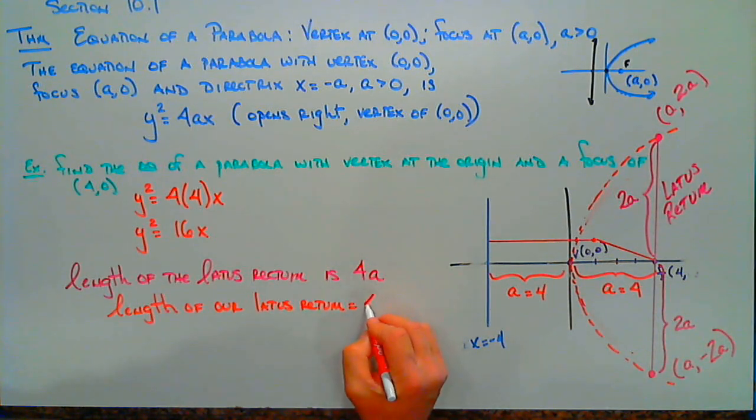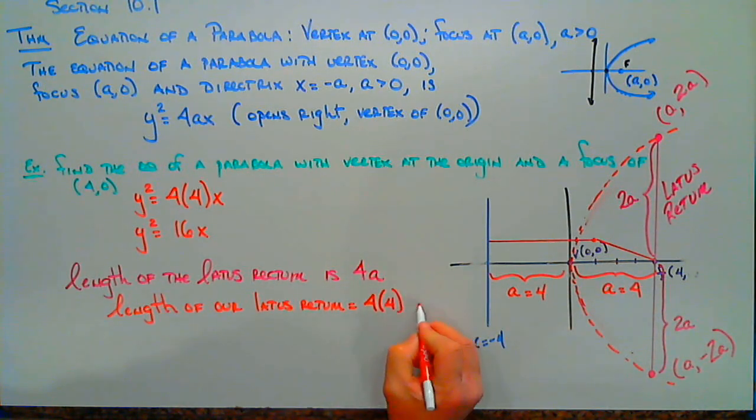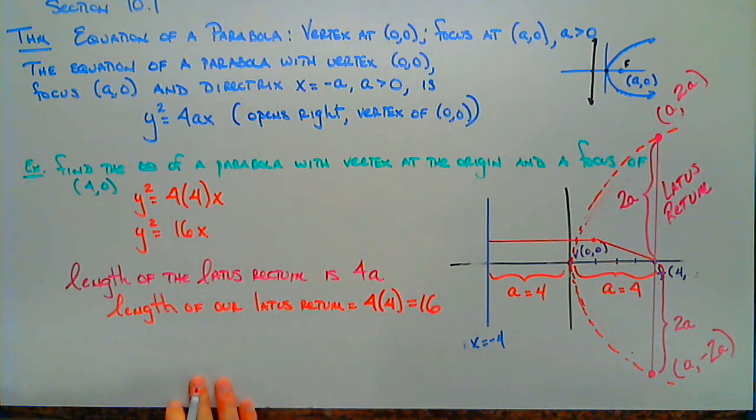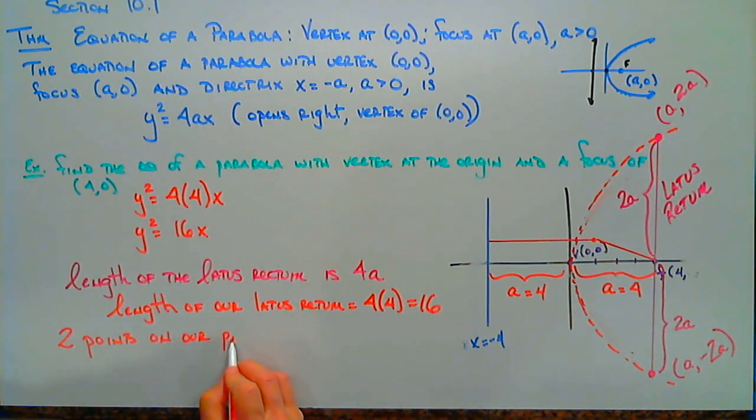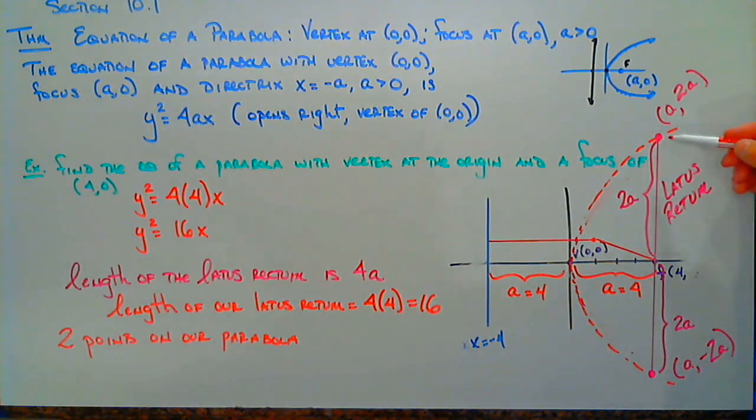That's the formula, so it's 4. Our a was 4 as well, so we got 16, right? So what are 2 points on our parabola? Well, 2 points in our parabola are going to be these 2 points where the latus rectum intersects the parabola.